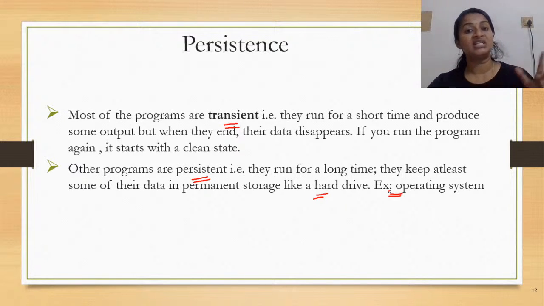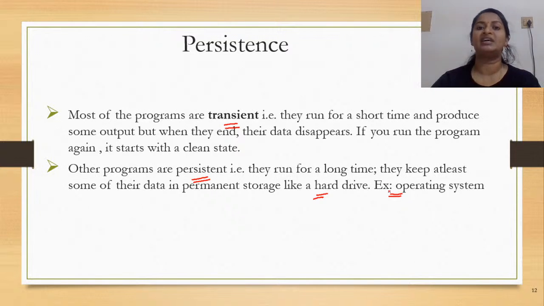It is such a lengthy program because whenever the system is on, the operating system is running behind. As long as the system is switched on, there is a program running behind which helps the entire system to function without any fail, right?